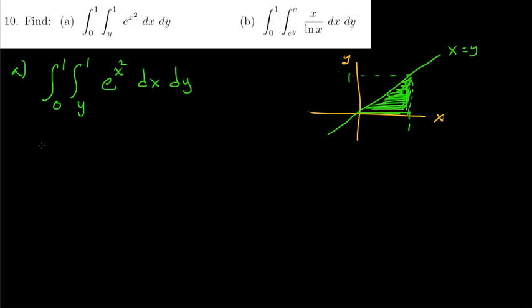So switching the order should be pretty simple. We now want to do dy dx. So y goes from, wait, hang on. y equals 0 to y equals x.